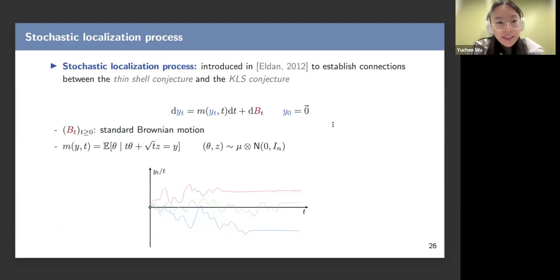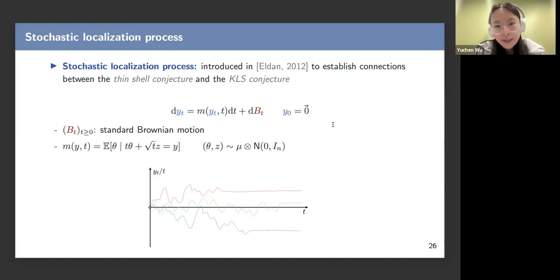The posterior sampling algorithm that we are going to introduce today is based on the stochastic localization process. This process was first introduced by Ronen Eldan to establish connections between conjectures in probability theory.